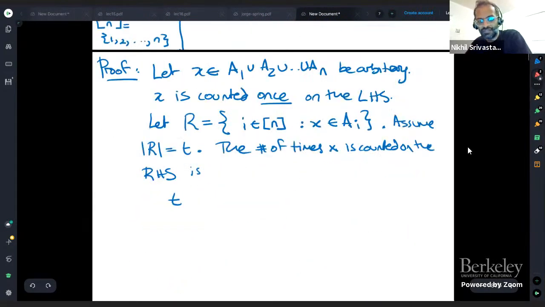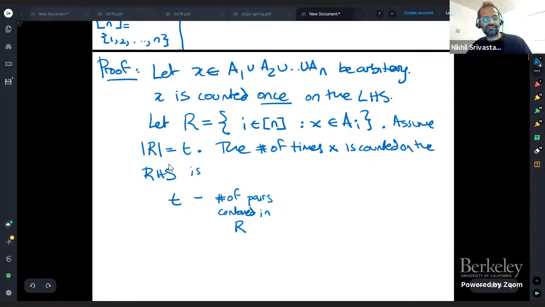Well, it's going to be the number of pairs contained in R. Every time you have two A_i and A_j such that X appears in both of them, you're going to pick up a -1.